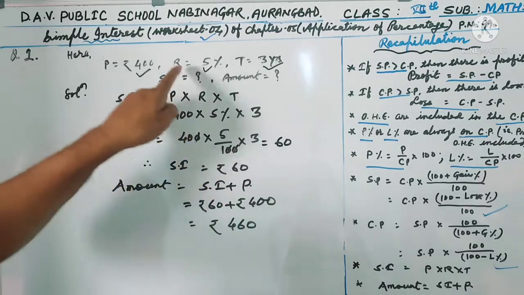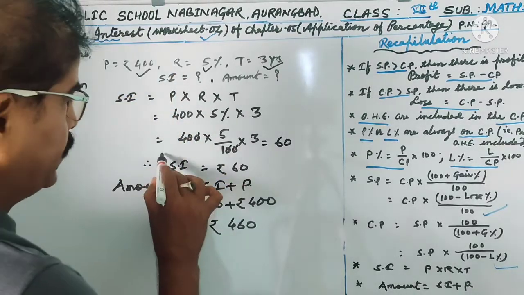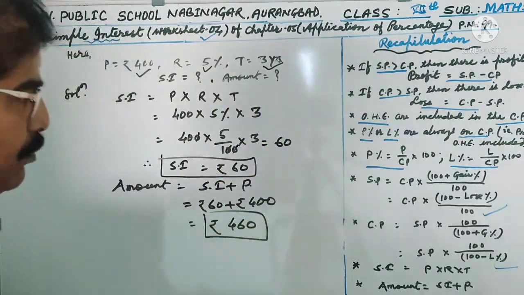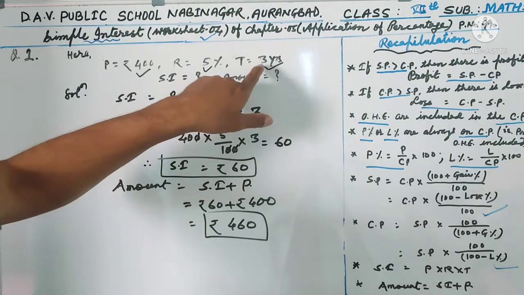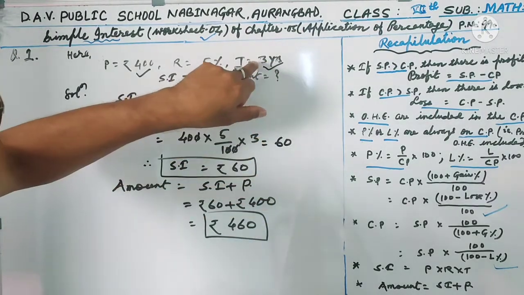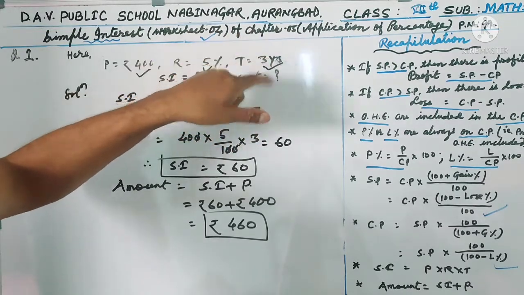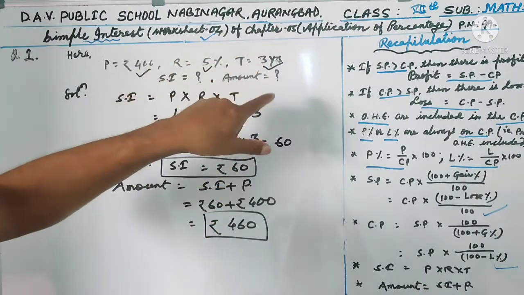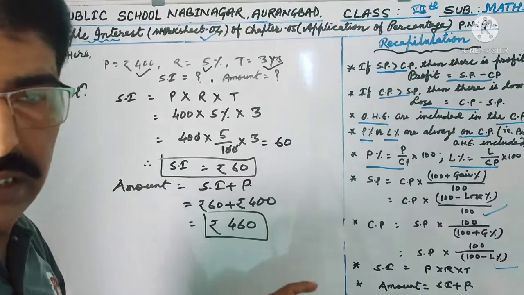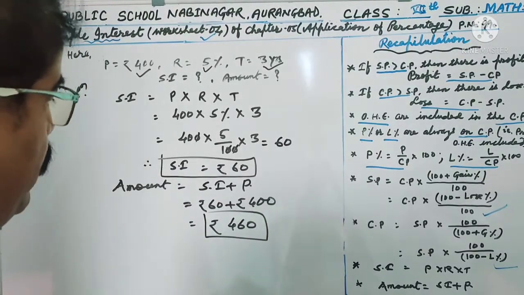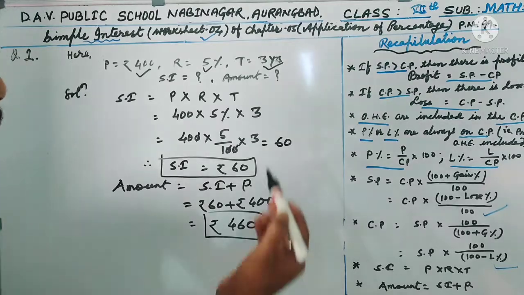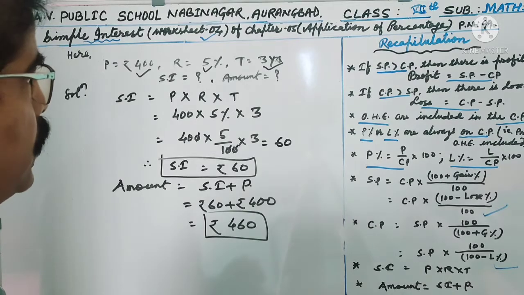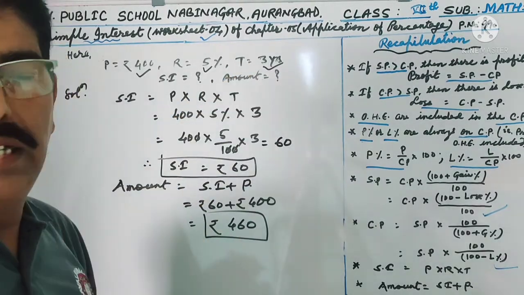So SI equals 60 rupees and amount equals 460 rupees. Dear friends, here T is given in years. If T is given in days, weeks, or months, then you convert it by the process. So see another example, if T is in number of days.